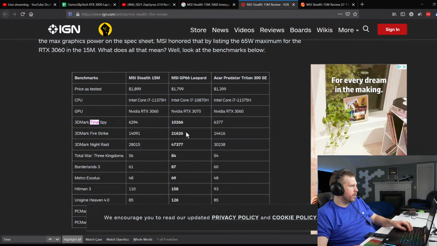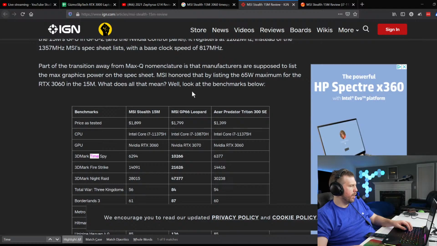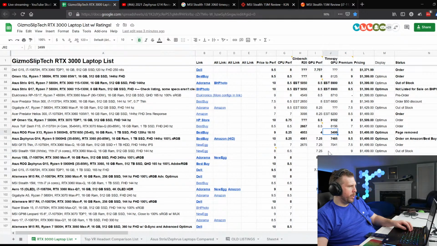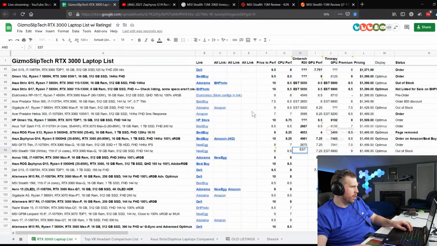So 6294 is what it says. It's probably a bit more than that though. That's probably the combined score again. So I'm pretty sure we can do an estimated 6800. All right, and then we've also got an estimated.